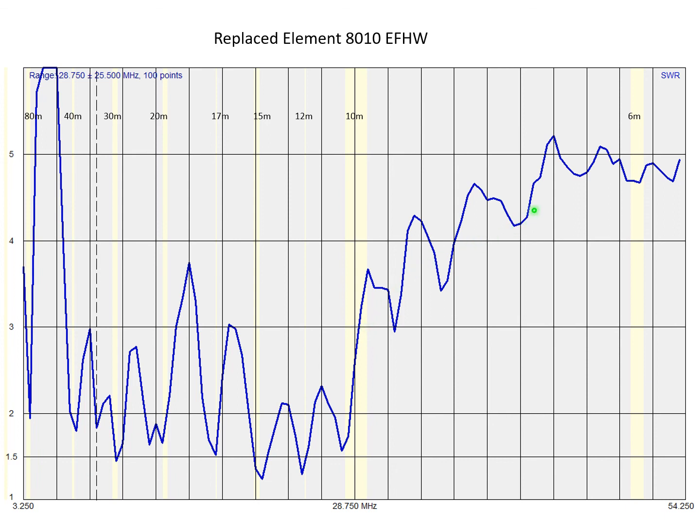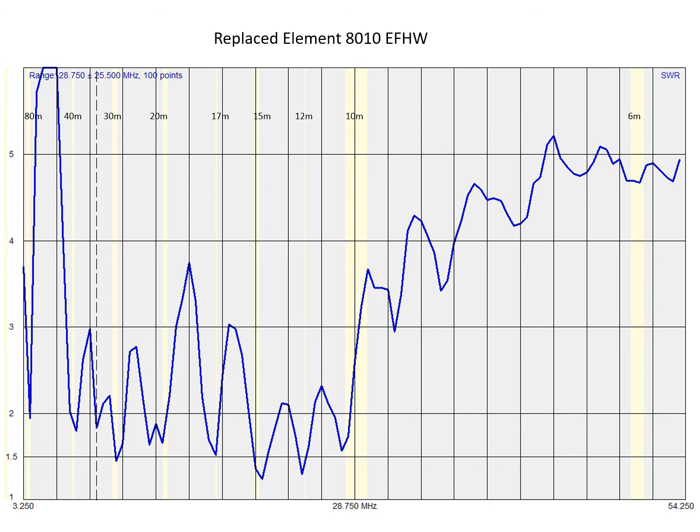I also wanted to check it at 6 meters, and you can see the SWR is pretty high here on 6 meters. That's the reason why, when we do the QSY to 6 meters on our Monday night nets, I'm not able to do that, because I don't have an antenna with good enough capability to transmit on 6 meters.